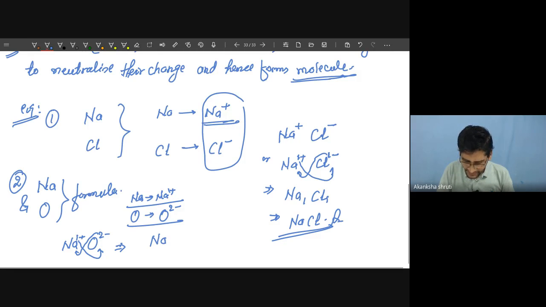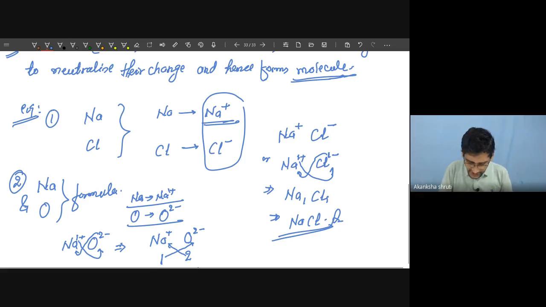Many times it is also written like this. Write Na plus, oxygen 2 minus. So you write the number: whatever the number here, you just write 1, meaning how much positive ion, it is 1. How much negative ion, it is 2. So you just put this 1 here and this 2 here.